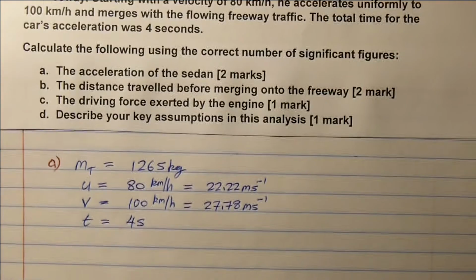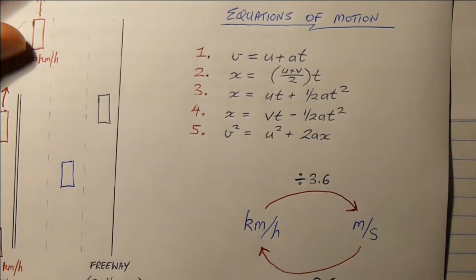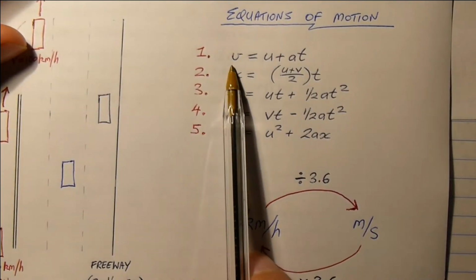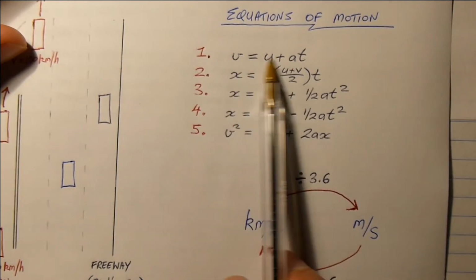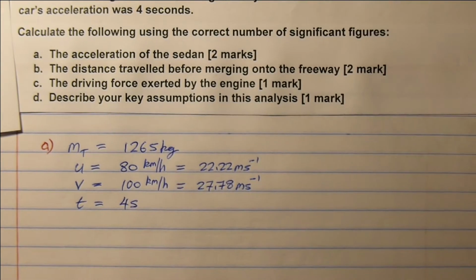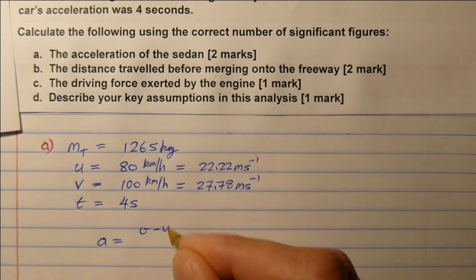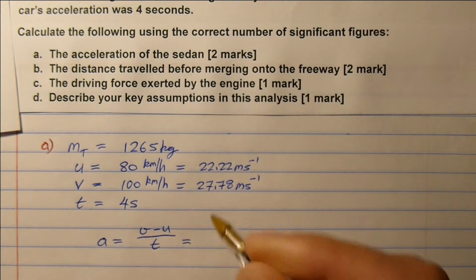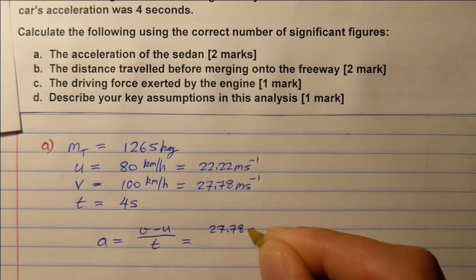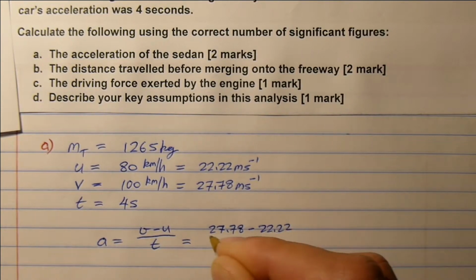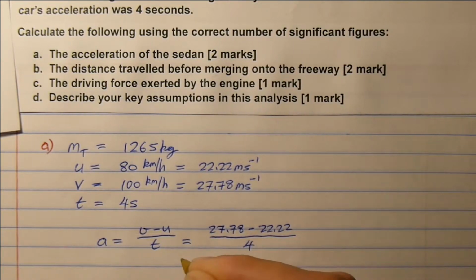Okay, so in order to work out acceleration, I have a look back at my key equations here. I've got V, U, and T, so I can use the first one, and I'm just going to rearrange it and then plug the numbers in. So the acceleration is equal to V minus U upon T, which is equal to 27.78 minus 22.22 divided by 4.